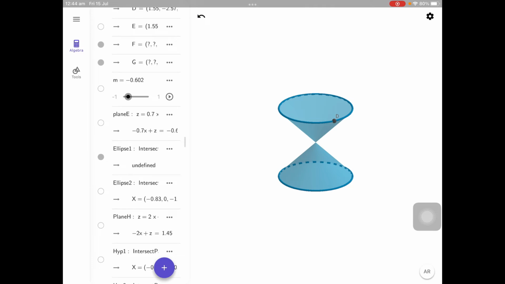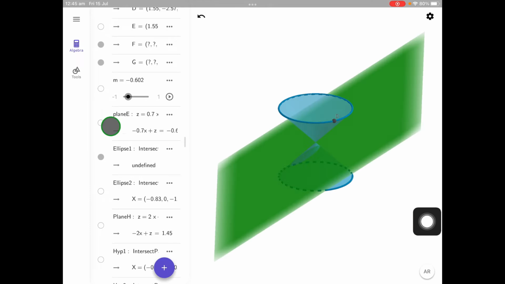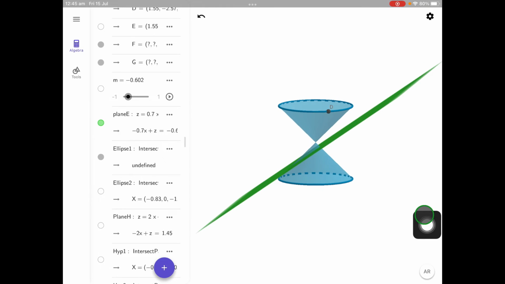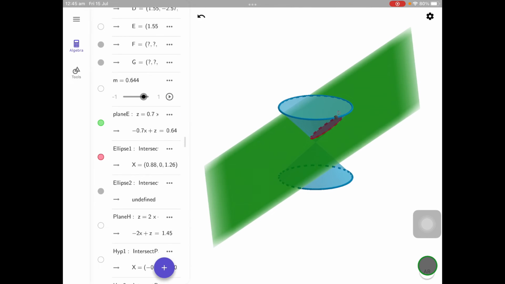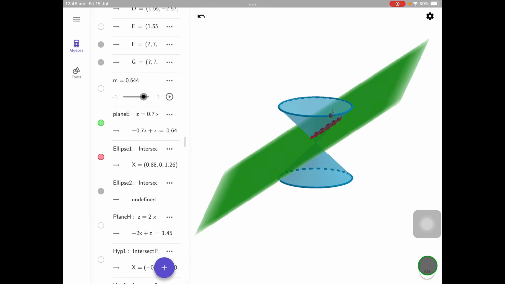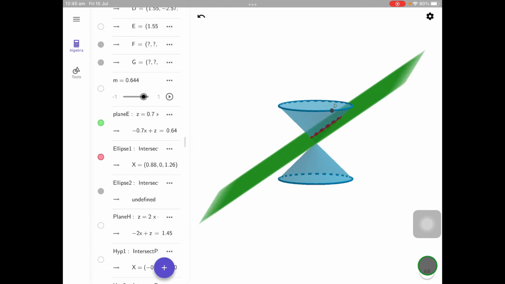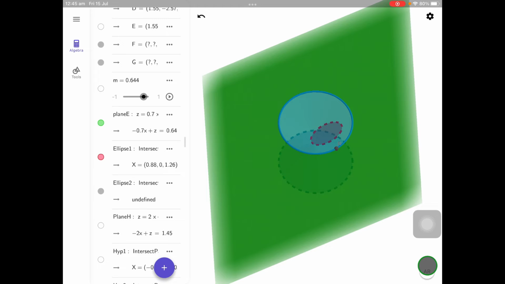So this is a cone, a double cone. Okay, and let's draw a plane. So this is a cutting plane, and if we observe the section between the cone and the plane, that red one is the ellipse.